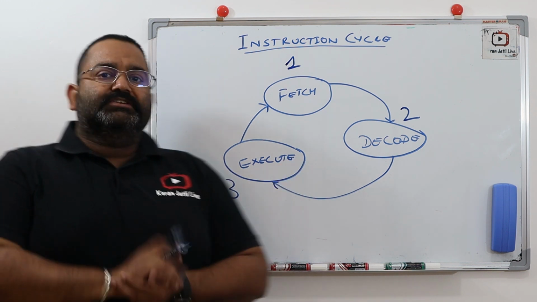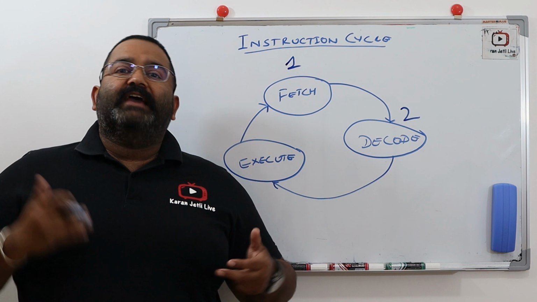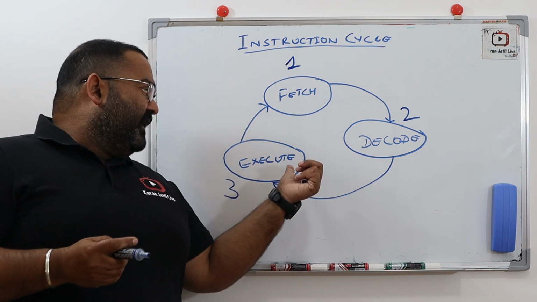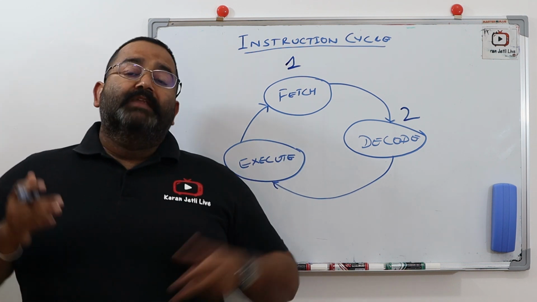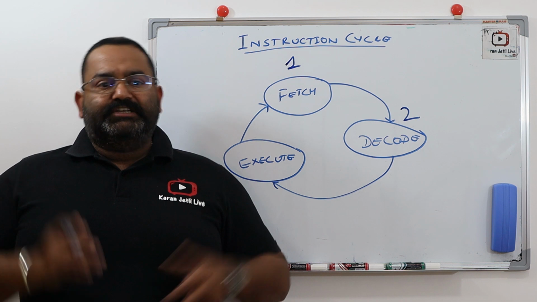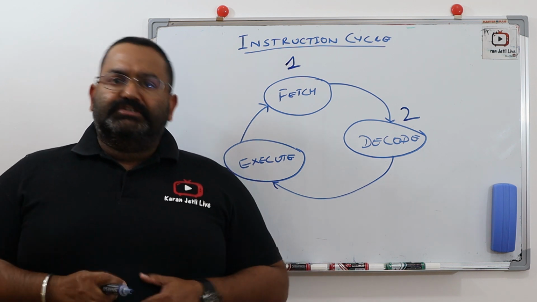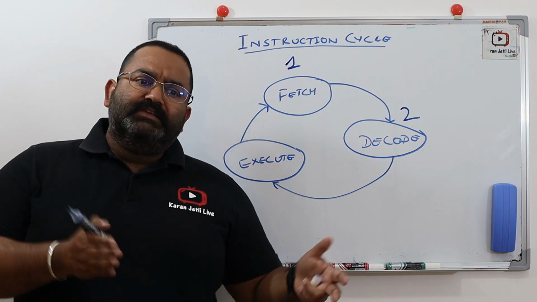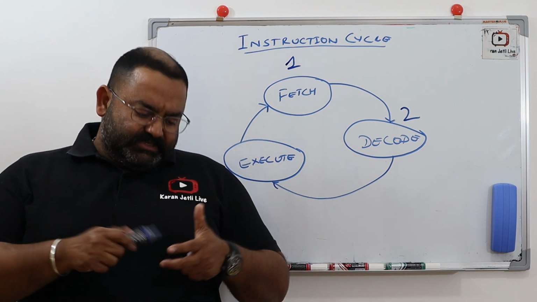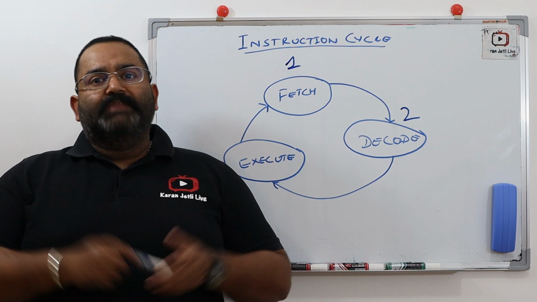At this stage, the computer actually executes the instruction. The execution depends on the instruction: if it is a data movement instruction, the execution is different, and if it is an arithmetic instruction, the execution is different.